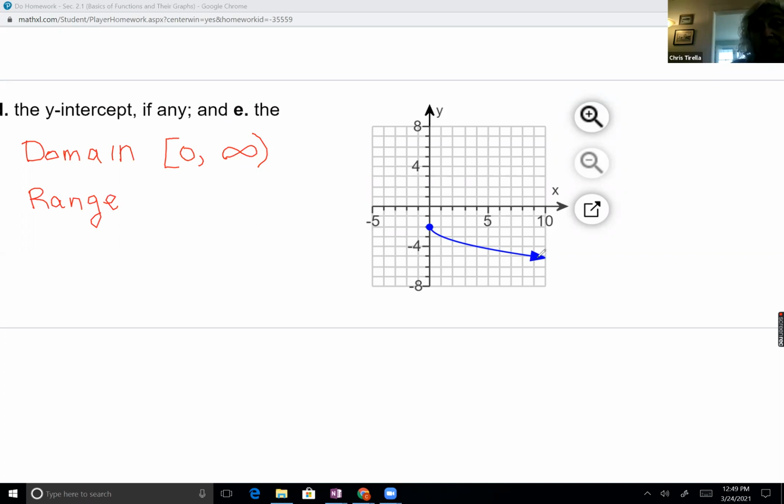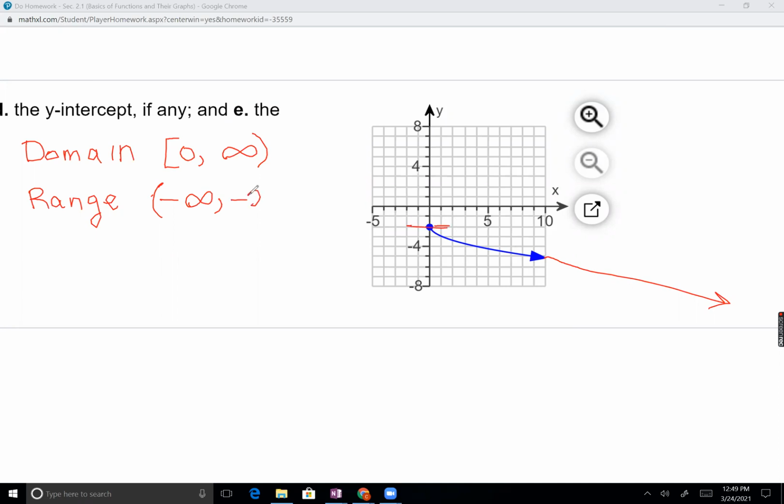Because this arrow keeps going down, down, down, it has no lowest value, so we're going to say negative infinity. For the highest value, the top here is at -2, and it's a closed dot, so we'll have a closed interval.